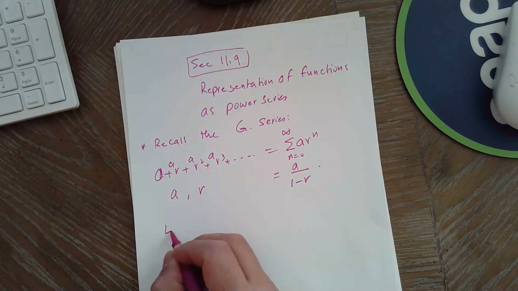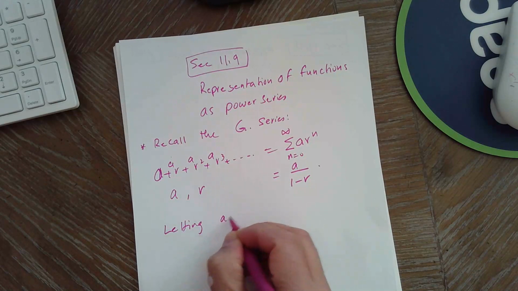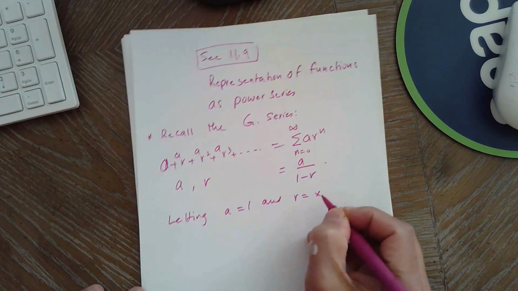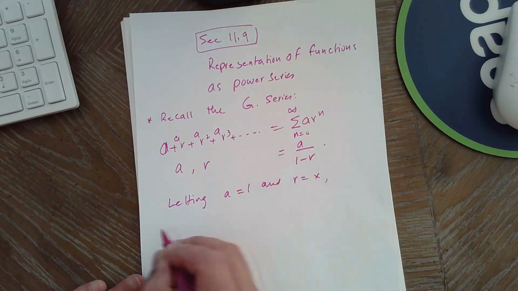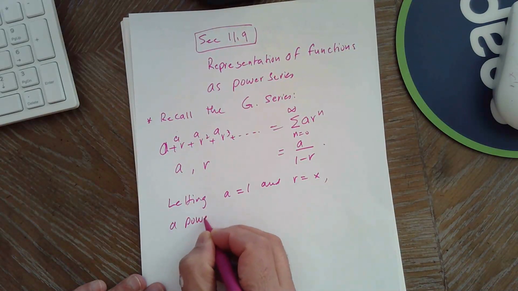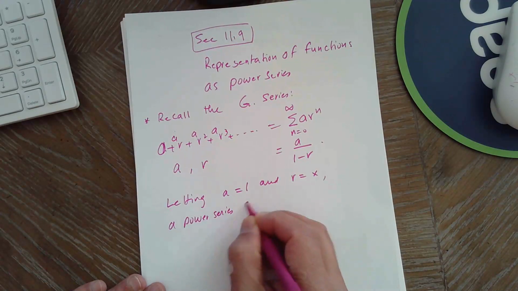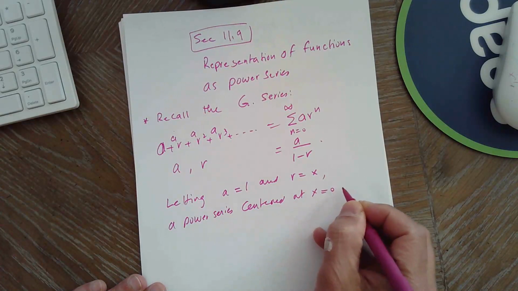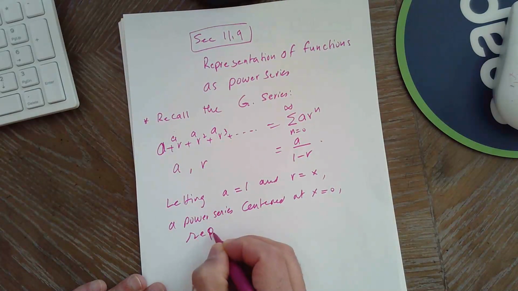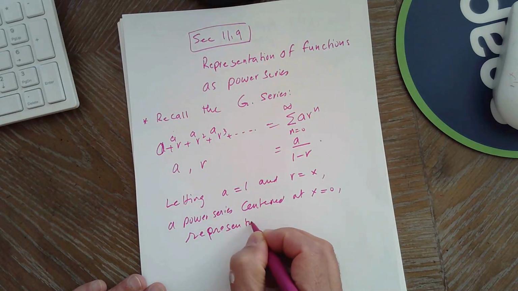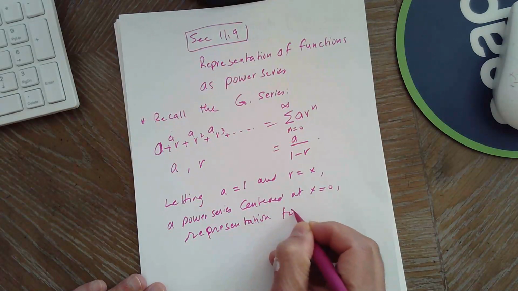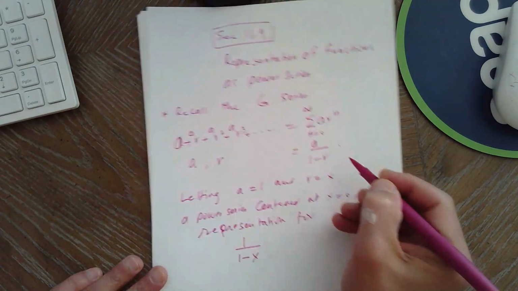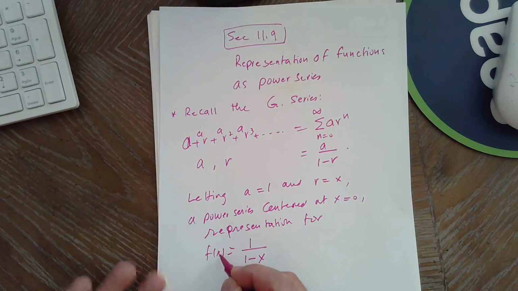Now if we let a equal 1 and the common ratio r be x, then we get a power series centered at 0 representation for 1 over 1 minus x instead of 1 over 1 minus r, and we're going to call this f of x.